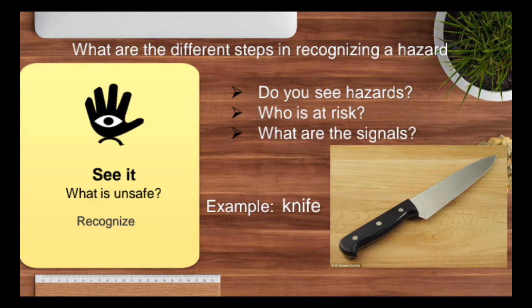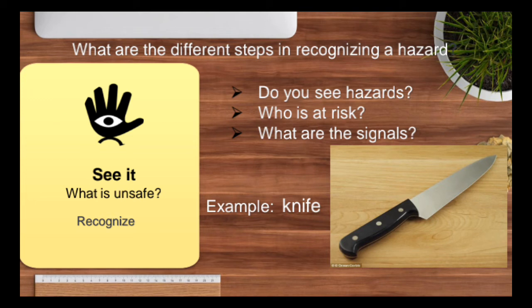What are the different steps in recognizing a hazard? First step, see it. What is unsafe? Always remember the word recognize. So in this step, you are going to recognize the hazard. Do you see hazards? Who is at risk?